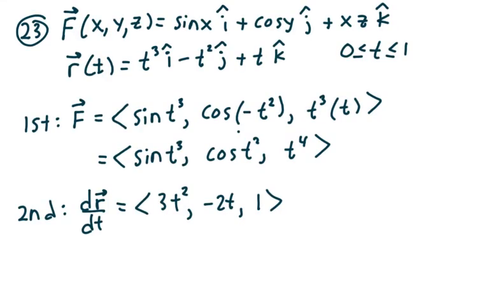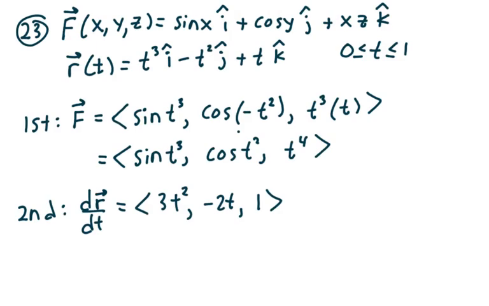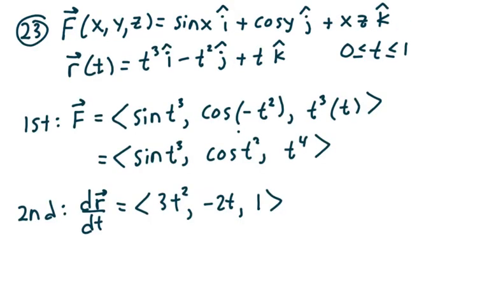I get 3t squared sine of t cubed. That's the first term. Second term is minus 2t cosine of t squared, plus t to the fourth.